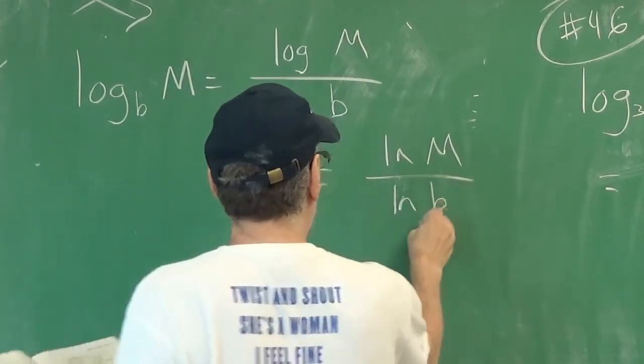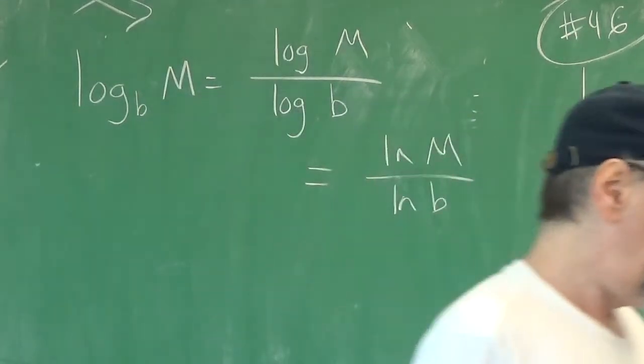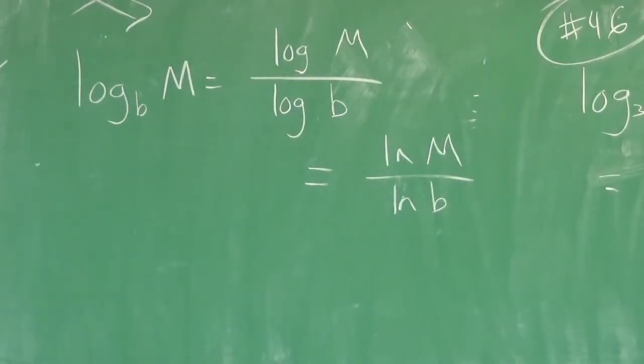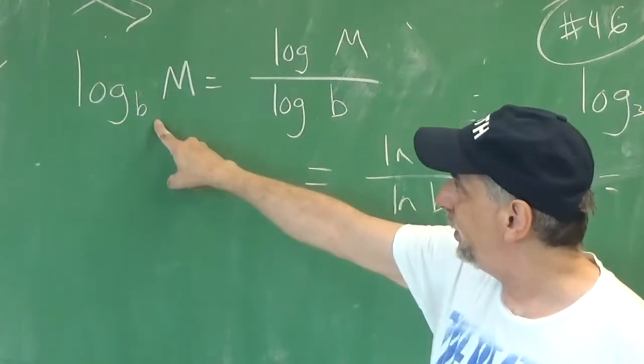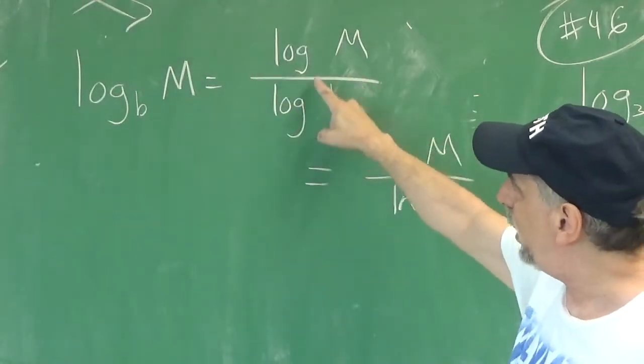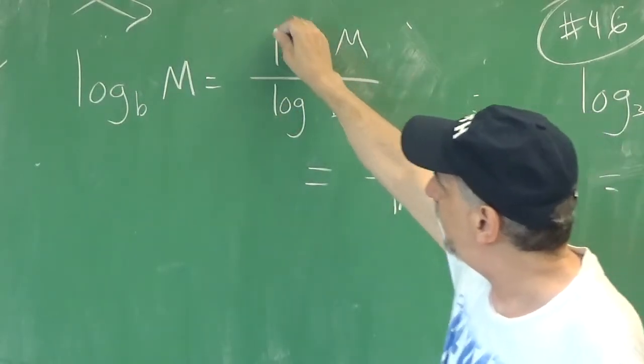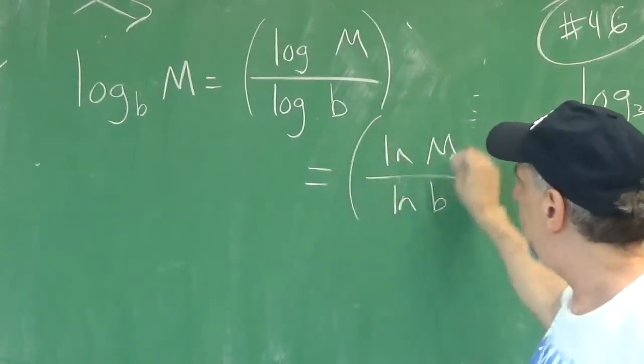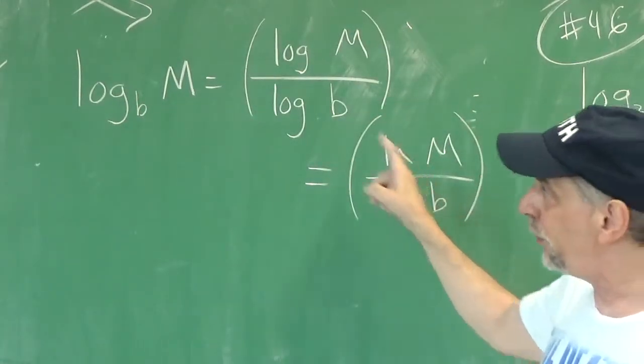Either one works. Given this, you can use your log button on the calculator to get the value, or you can use the ln button. Either way, you're going to get the value.